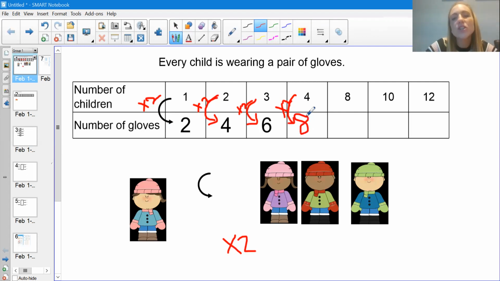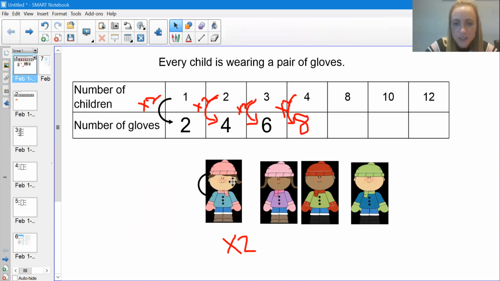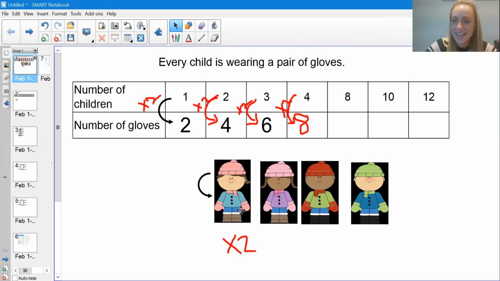And now I'm going to just check. I've got 4 children. 1, 2, 3, 4 children. And let's see how many gloves I have. 1, 2, 3, 4, 5, 6, 7, 8. So does my rule work? Yes, I have 8 gloves. So my rule is to multiply by 2.